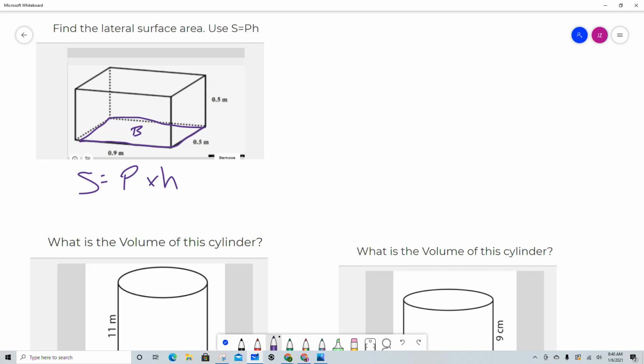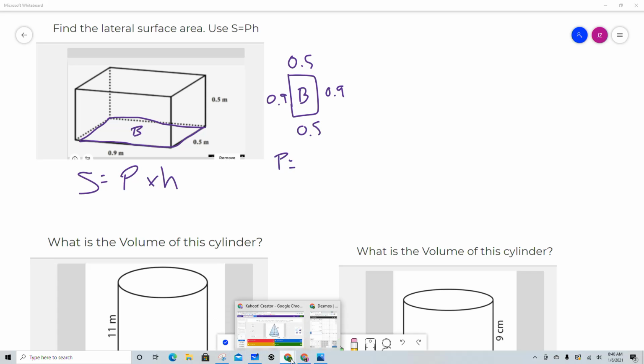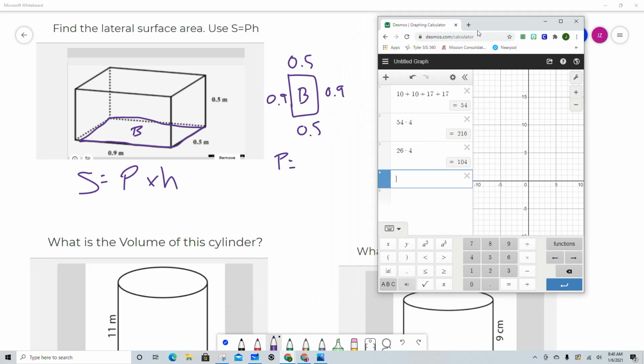So we're going to go ahead, if you still feel comfortable drawing the base, this is 0.9. This is 0.5. Okay? And then we just fill in what's missing. And let's go ahead and find the perimeter. To find the perimeter, we need to add those four numbers. So I'm going to go ahead and use the calculator.